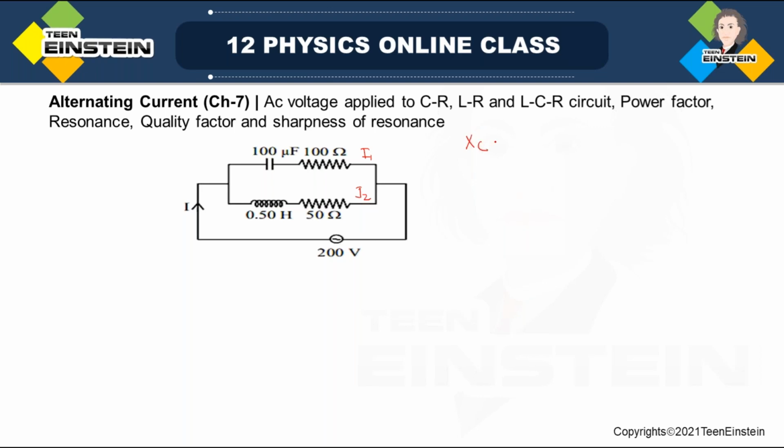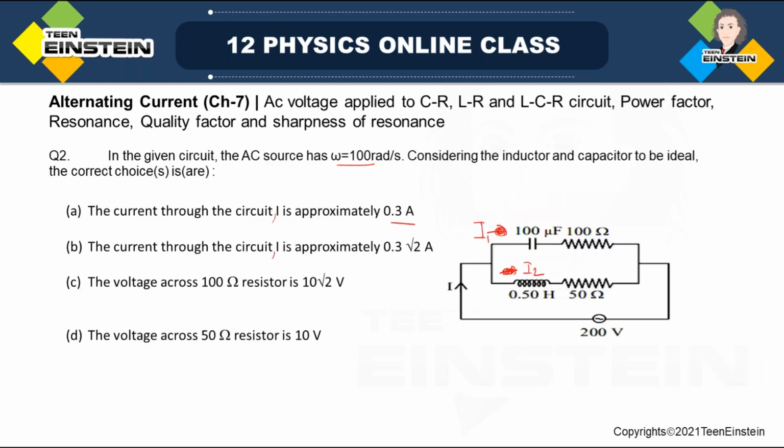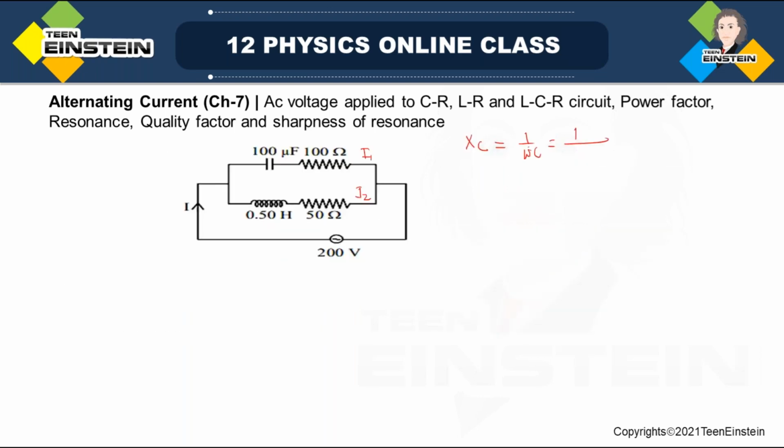Before that, let us see what XC is. What is the impedance or resistance through this path and through this path? This will not be exactly resistance, this should be impedance. We need to find the impedance through each branch. So first branch, XC we know is 1 by omega C. Omega is given as 100 radian per second.